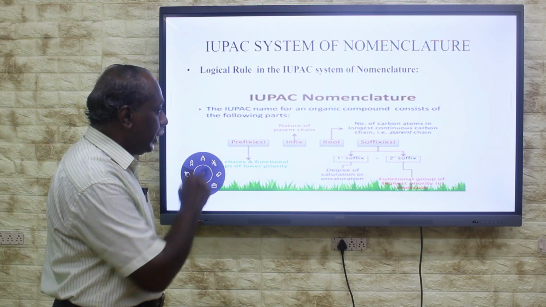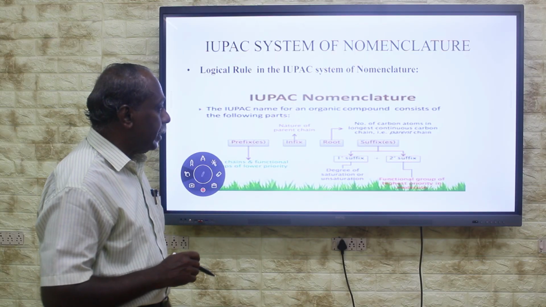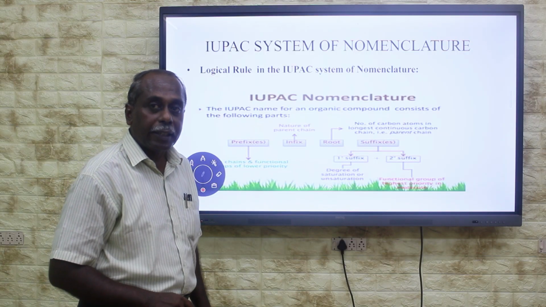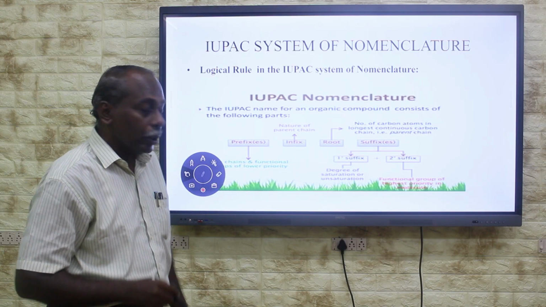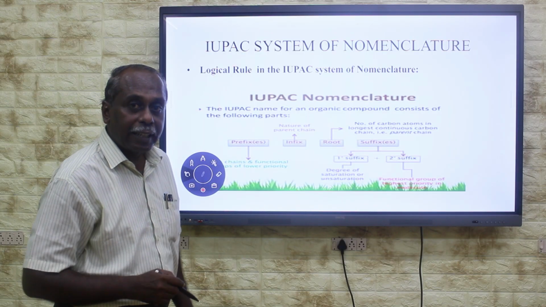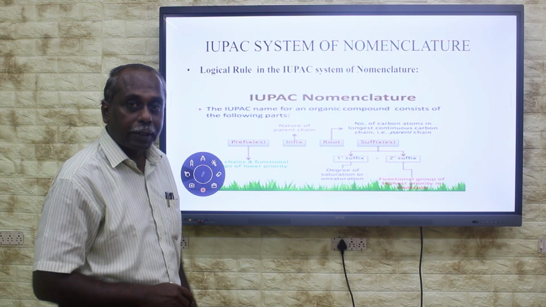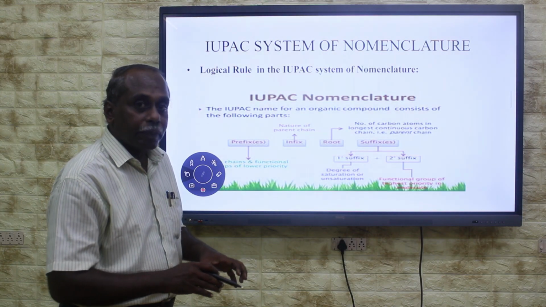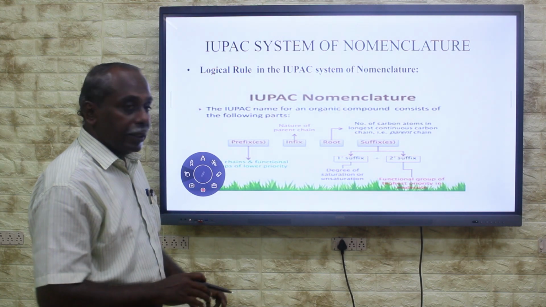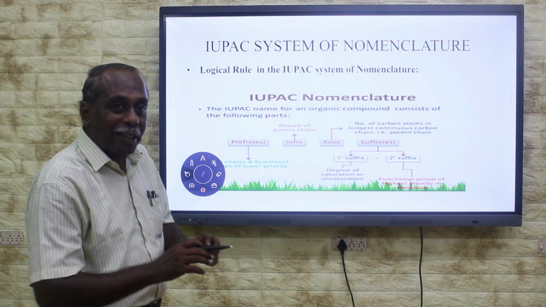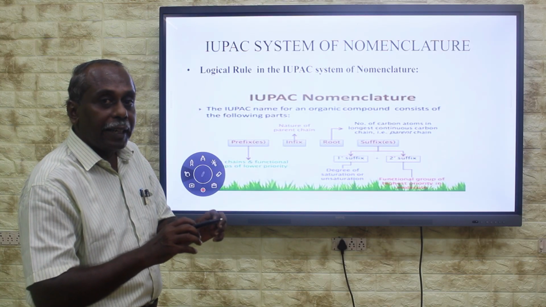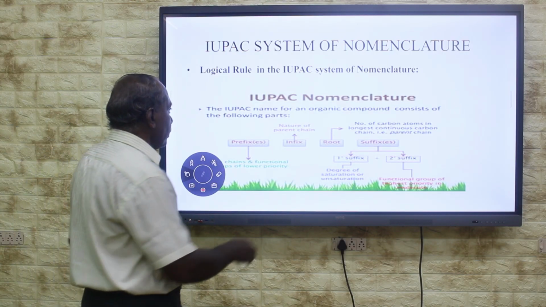Then in the primary suffix, whether the compound is saturated or unsaturated is expressed. Then in the secondary suffix, the functional group present in the compound is given. In that way, the name of the compound is to be given. That is the logical rule. Based on this logical rule, we are going to frame the name of the organic compound.